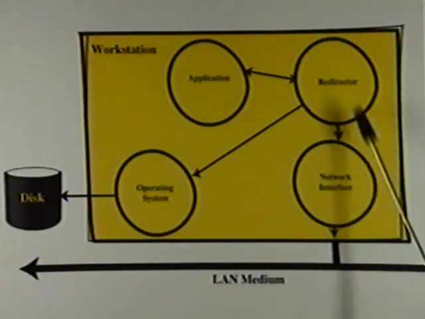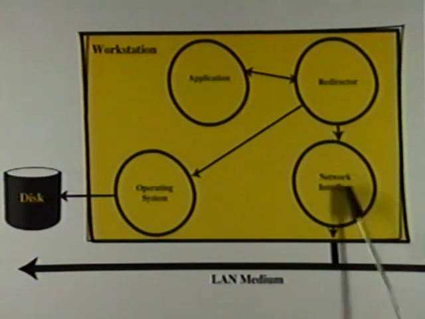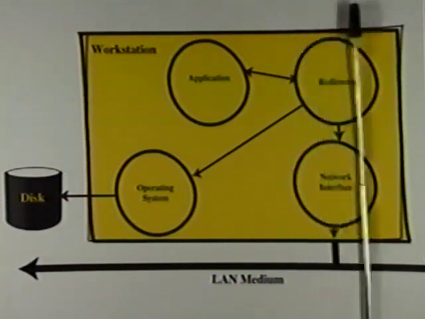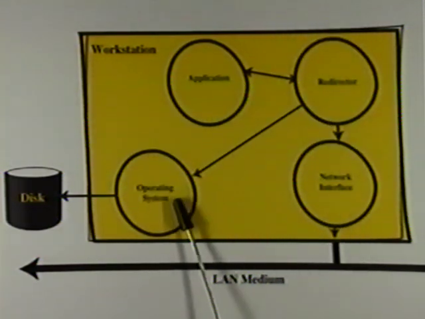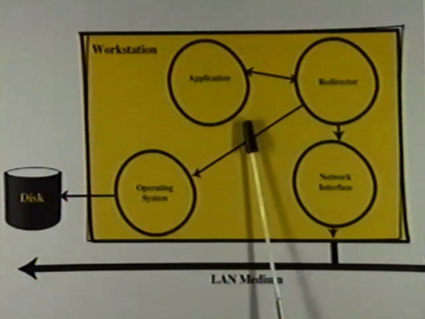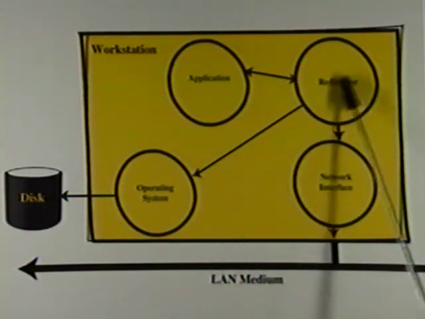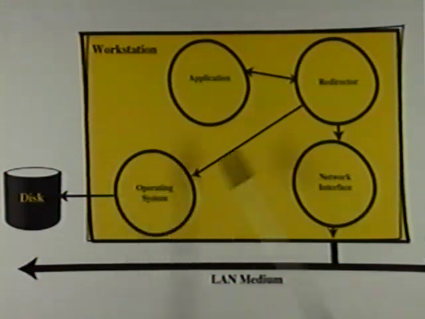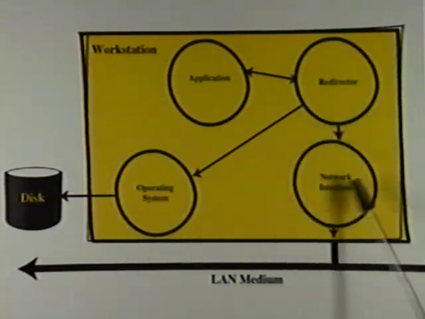In this configuration, it's easier to maintain because you can always take off the LAN system software, just remove it, and determine if your problem still exists. So that means that troubleshooting is also easier when you do not combine the LAN system software with your usual operating system. The disadvantage of this, however, is that you have these separate components.